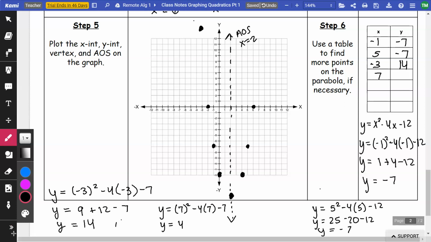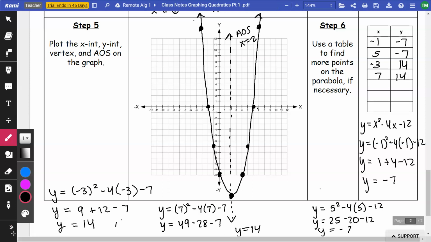So y is equal to 49 minus 28 minus 12, which is 14. Yep. So (7, 14). There we go. And now we have a clear picture of what our parabola is doing. If we just draw the curve on the right side, and then draw the curve on the left side, there we go. We have a beautiful parabola.